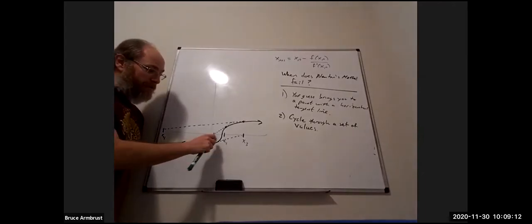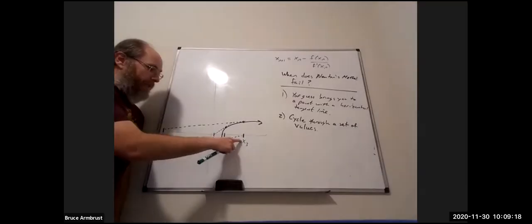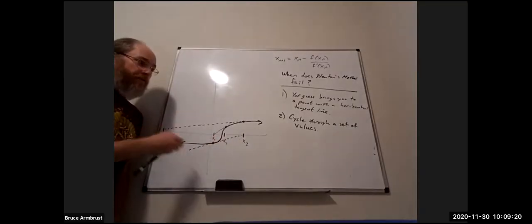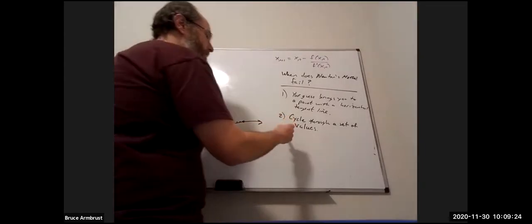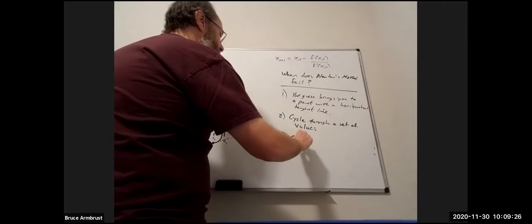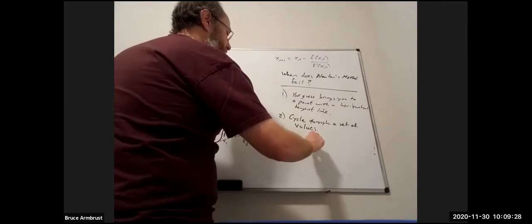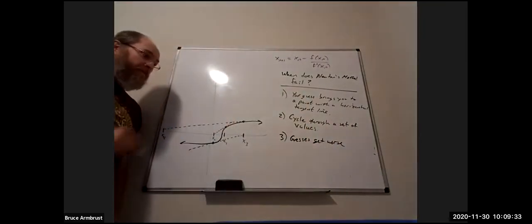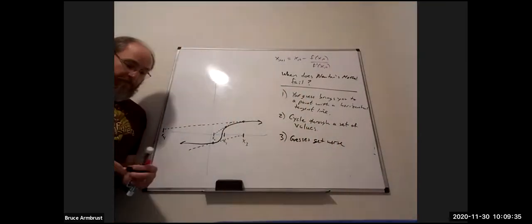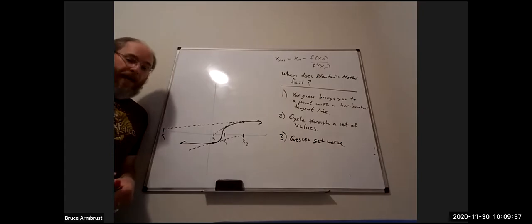Like, think about my initial guess. I was awfully close to where I wanted to be. And each subsequent guess got brought further and further away. So that's the other time that Newton's method will fail, is that your guesses get worse. They move further and further away from the actual zero.